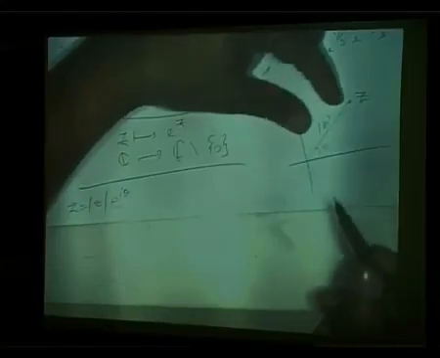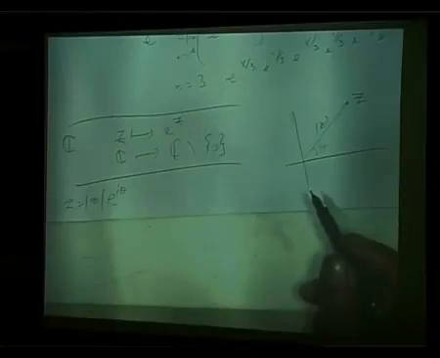So if mod z is equal to 1, then I have just z equals e to the i theta if you are on the unit circle. But that means if I add 2 pi to the theta, I don't change the point.